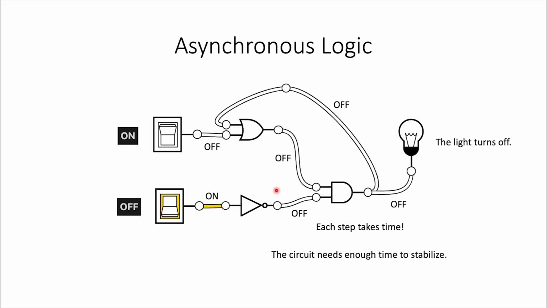So really, if I want this to work, when I flip a switch and change the input, the circuit needs enough time to stabilize before I then change the inputs again. In this particular case, the circuit is stable, meaning whichever inputs I give it, it will give me some stable state of the system. But that takes time, and if I try to mess with the inputs before that stabilization has taken place, then I may end up with problems.